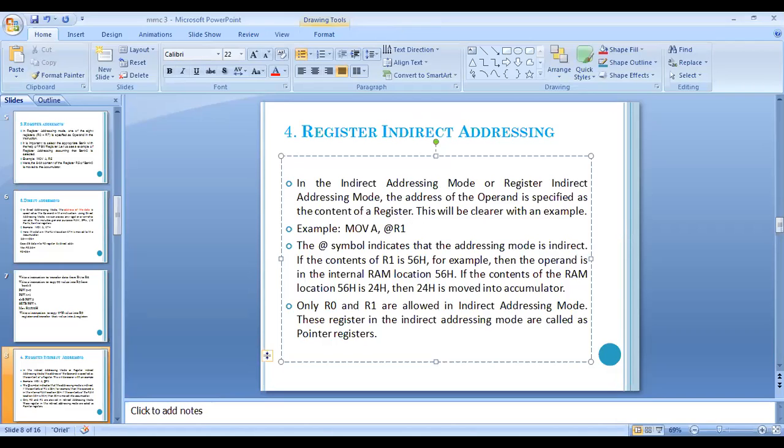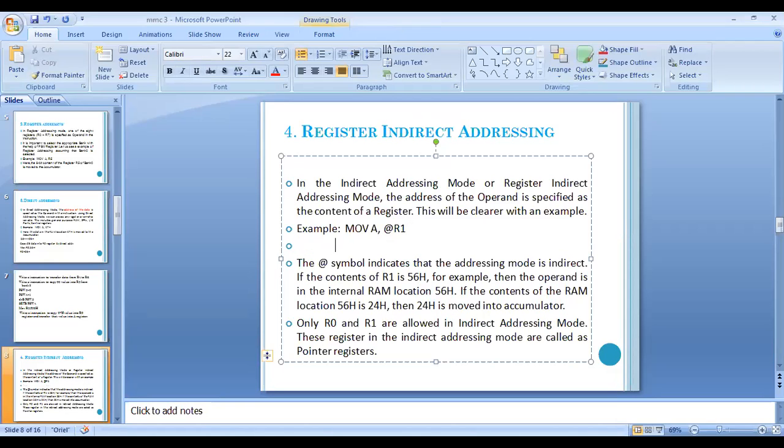Who will tell me the meaning of this instruction MOV A, R5?